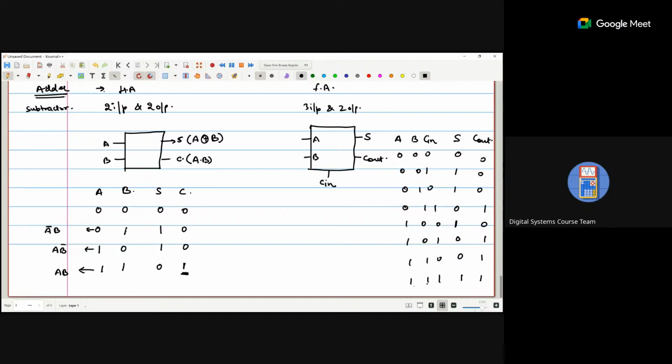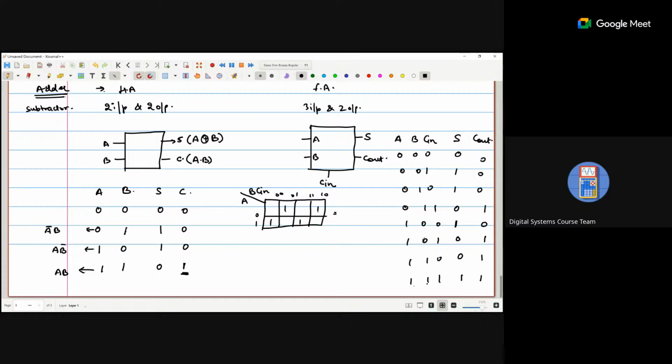Okay. Now if we draw the K map and find the sum expression, A, B, C in, 0, 0, 0, 1, 0, 0, 1. So sum will be defined at minterms 1, 2, 4, and 7.